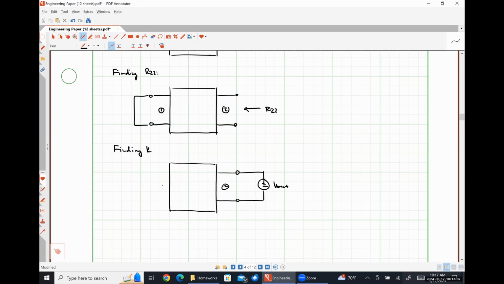On port 1, I'm going to measure current. So I need to short circuit this. Here is the direction of my current, IF. And so K is simply the ratio of IF over V out when the voltage drop across port 1 is held to be 0 volts.